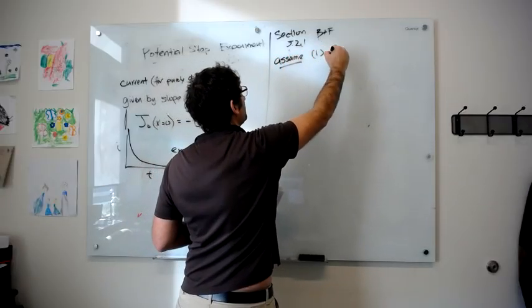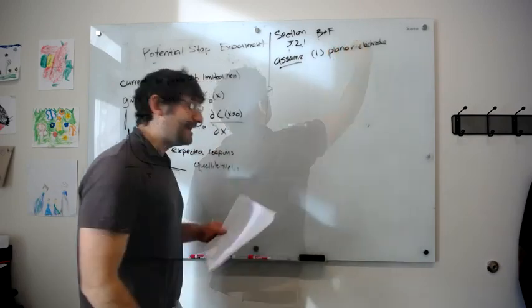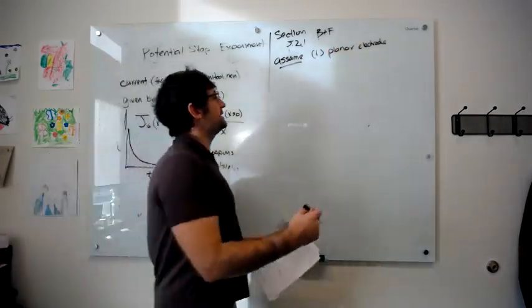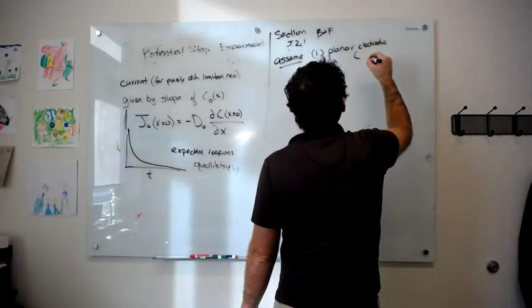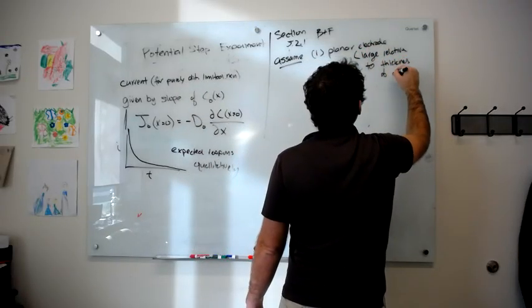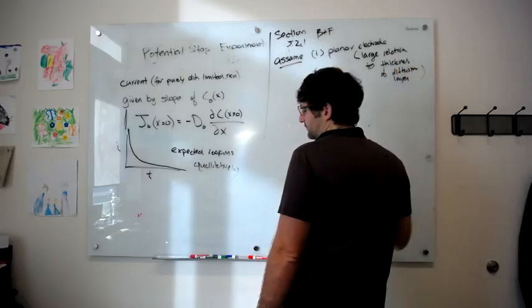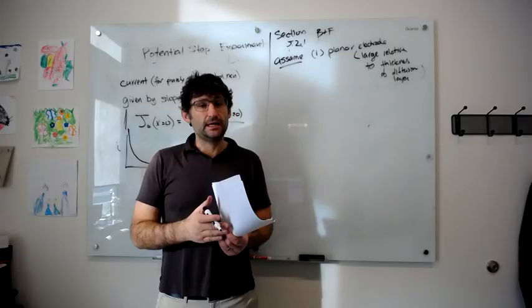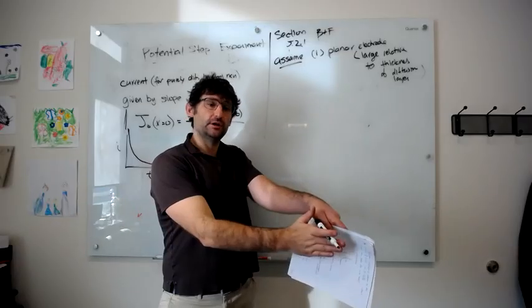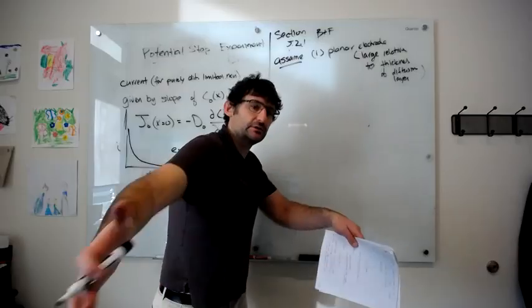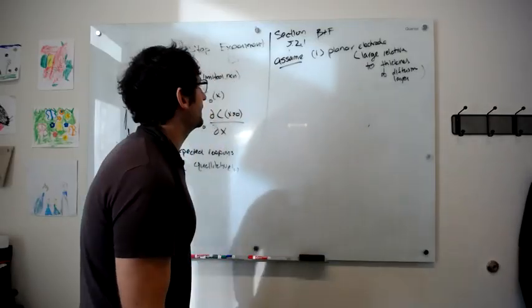One, we're going to assume you have a planar electrode, and that planar electrode is large relative to the thickness of the diffusion layer. And we do that so we can consider diffusion only in one dimension moving away from the electrode. We don't have to consider three-dimensional diffusion, at least not yet.